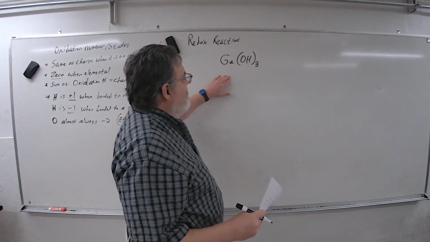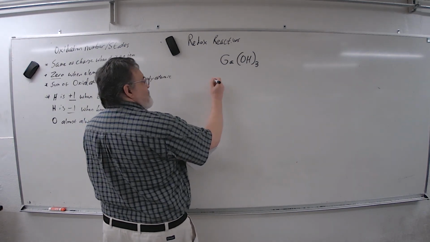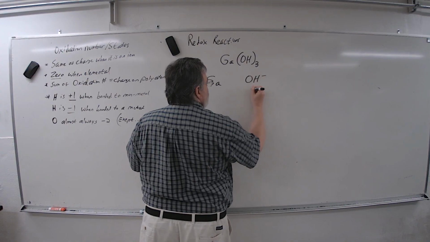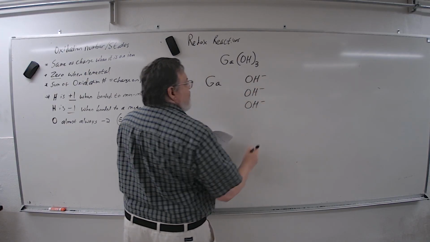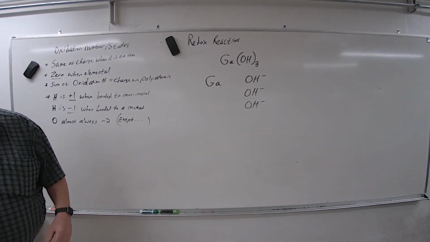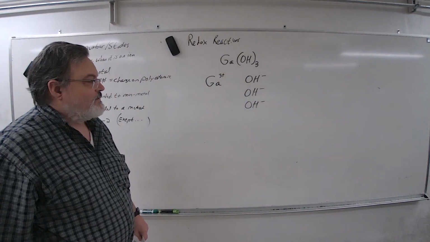But if I wanted to go ahead and split this into OH and Ga, what's the charge on Ga? If I tell you the charge on this polyatomic ion is -1, there's 3 of them, what's the charge on gallium? 3 plus. So the oxidation number for gallium here is 3 plus.